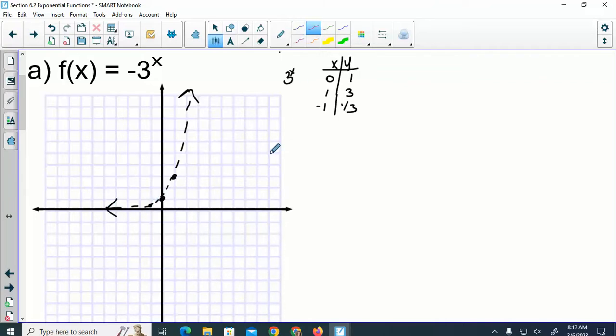Now, if I'm looking at my transformation, what would a negative in front do? Flip it over the x-axis. So I have my 3 points, and if I flip these over the x-axis, they just come down.